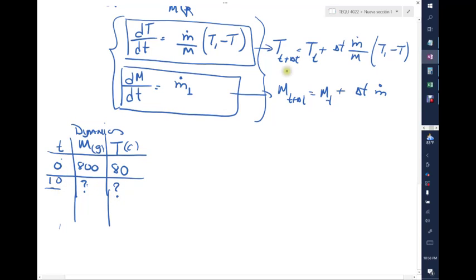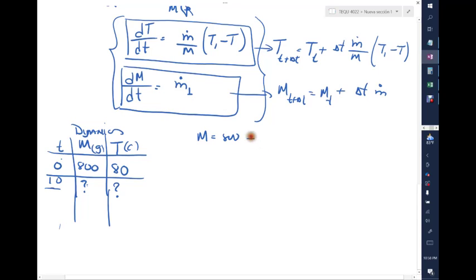Then you use the Euler part. For example, what's going to be the mass? That's straightforward. The new mass is going to be the old mass, which is 800, plus whatever flow rate I established here, and that has to be coming from that value of m1. What will be m1? Let's say that m1 is a small number, about 2.5 grams per second.